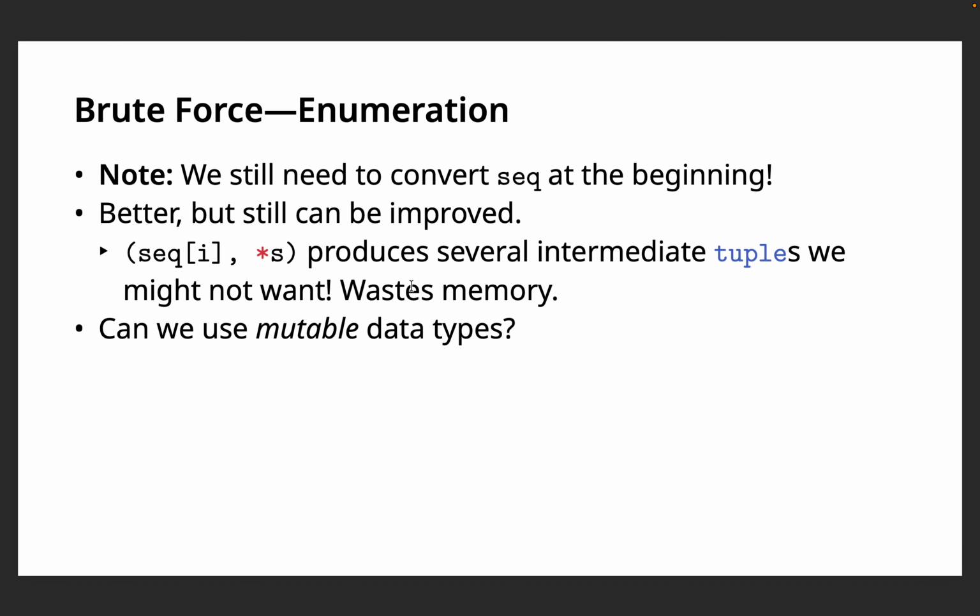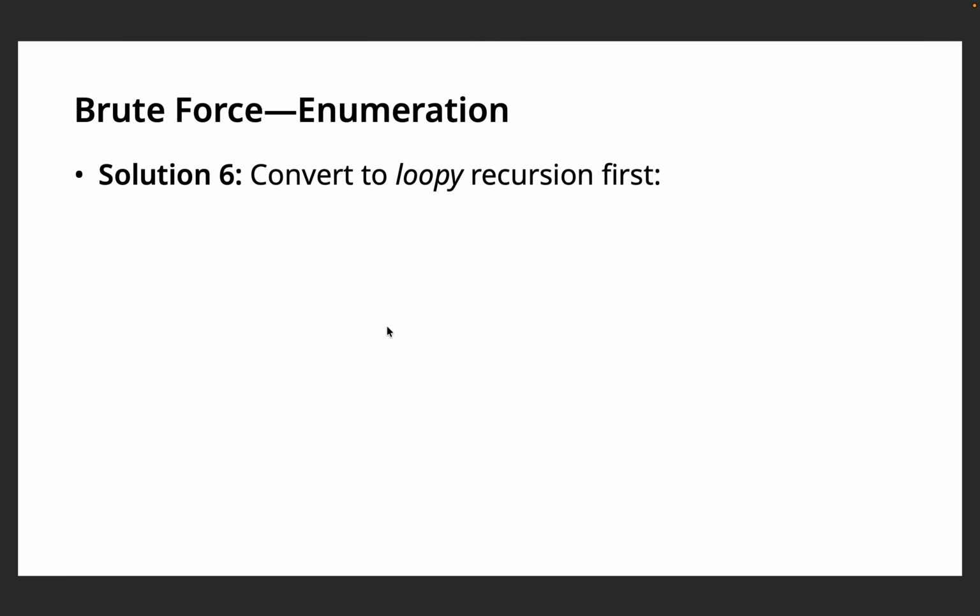So what can we do for that? Well, if the fact that we're using tuples is the bottleneck here, what if we try something that's not a tuple? For that, what comes to mind first is the mutable counterpart of tuples, and that is, of course, the list.